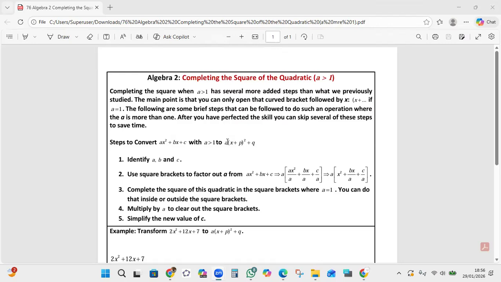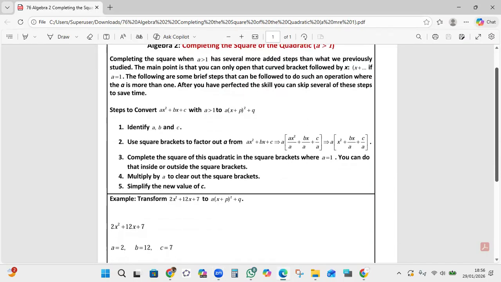So now you'd have two brackets, a square and a curve, and the curve will be inside. So you want to get rid of the square, so you multiply by a. The first multiplication will put a in front of the curved bracket, and the second multiplication will give you the value of q. And then simplify the new value that you are going to receive.